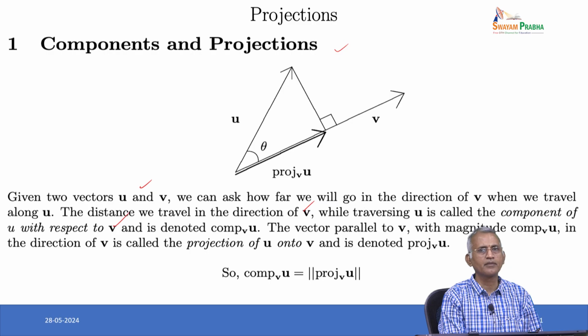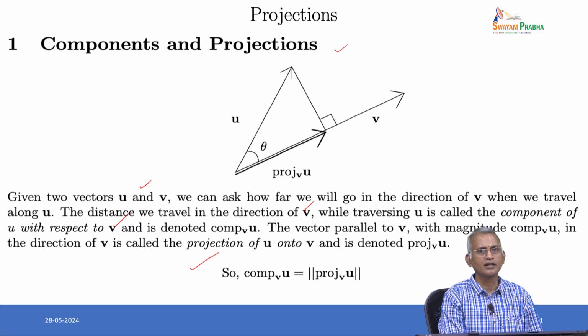The vector parallel to v, with the magnitude of the component of u over v, in the direction of v, is called the projection of u onto v and is denoted by projection of u over v.